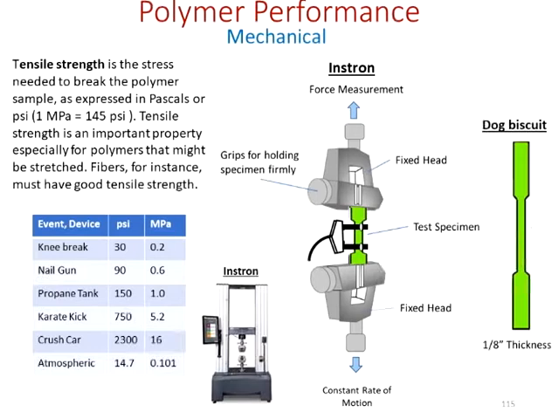Now again, I show you some comparison values. These were not acquired on an Instron, obviously, but again, the chart is only for reference to give you an idea of what these stresses might look like. So this is the instrument that you would use to do that, and you clamp the dog biscuits between there, and you get the values. Okay. Now we will show you some commercial polymers here soon and the values of those.